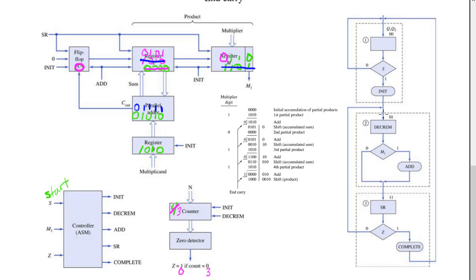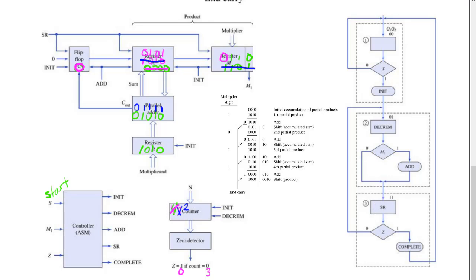Alright, so we're here at state 2 and we're decrementing. Then we're looking at M1. M1's value right now is 0. M1 coming in here is 0, so we're not going to add. We're not going to copy this blue 0 up there and these blue 1s up here. We're going to leave things alone. So because M1 is a 0, we're going to go straight down here to state 3.